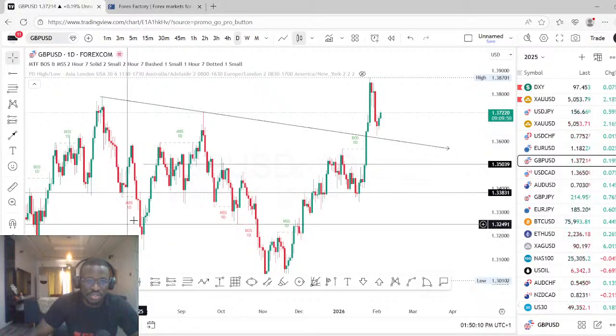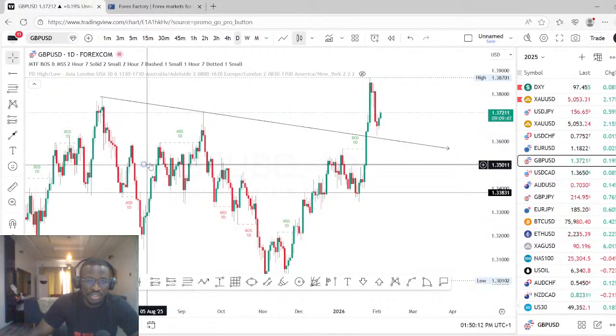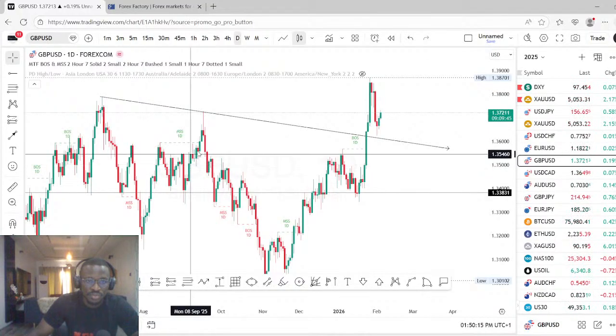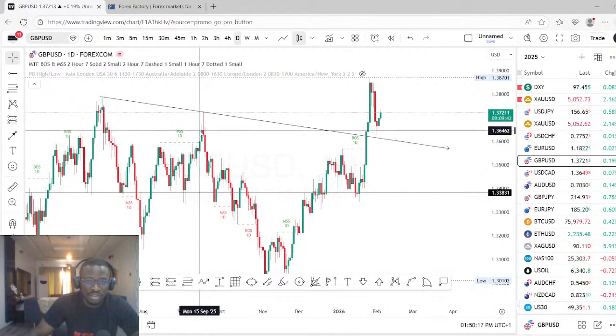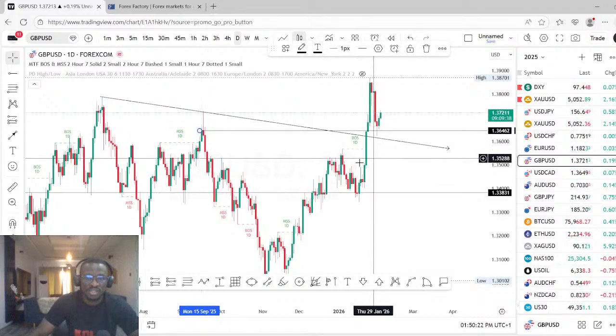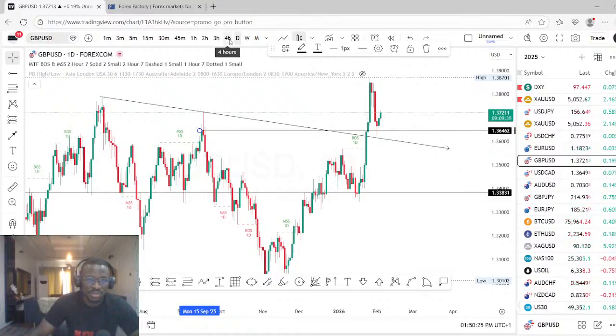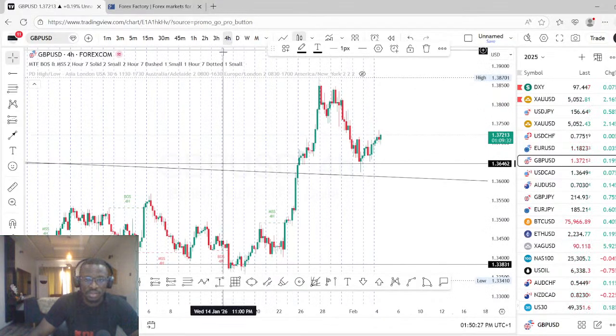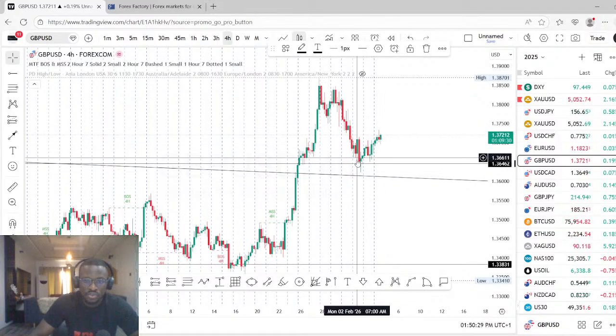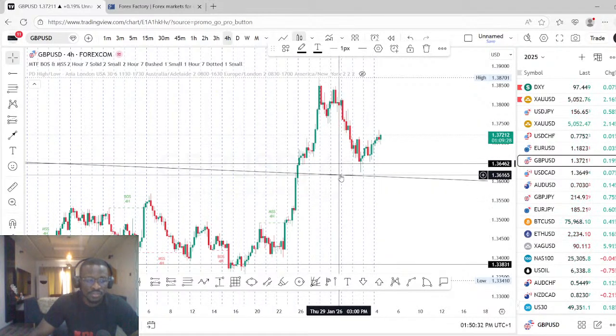So all you need to do at this point is to look out for buy opportunities, because initially we already figured out that this market is going bullish, right? So here we go. Now that we are currently sitting on the bullish side of the market, we need to look out for buy opportunities.